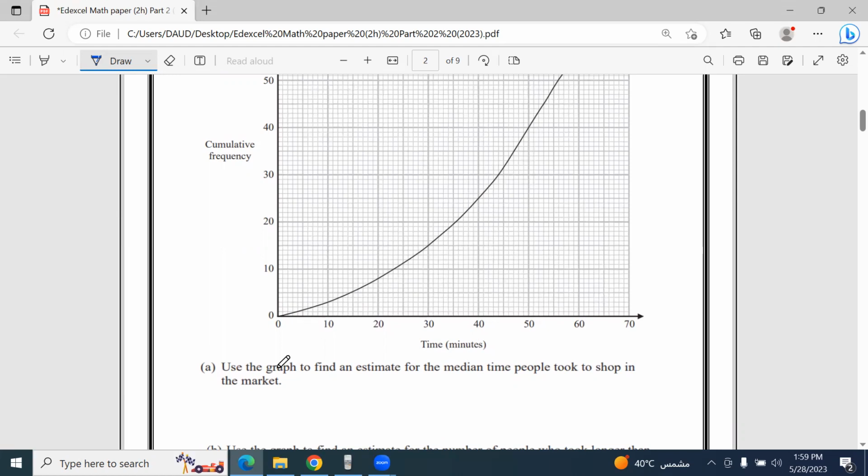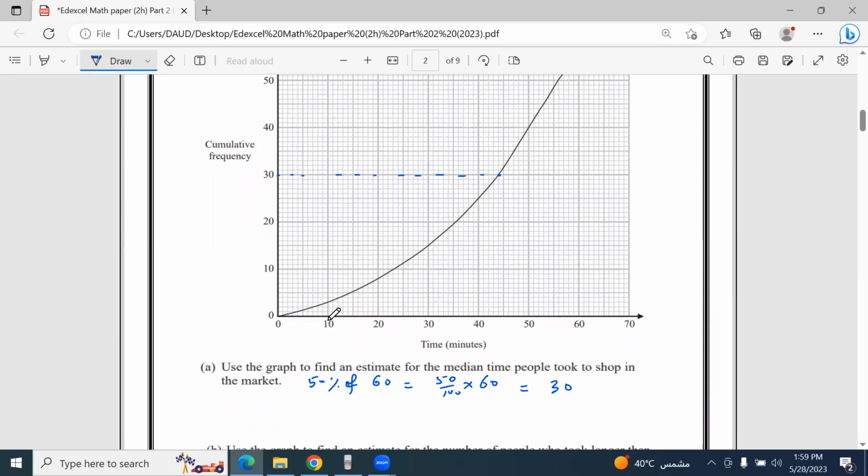From cumulative frequency curves, the median always represents 50% of the data. So we can say that 50% of 60 gives us 50 over 100 multiplied by 60, which equals 30. We will see our answer in front of 30 in the curve. From here you go straight across to the curve. This is the point. Remember that along the x-axis, one small box equals 1, because every 10 small boxes equal 10.